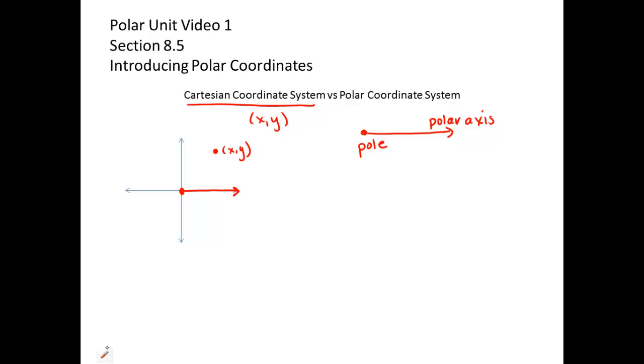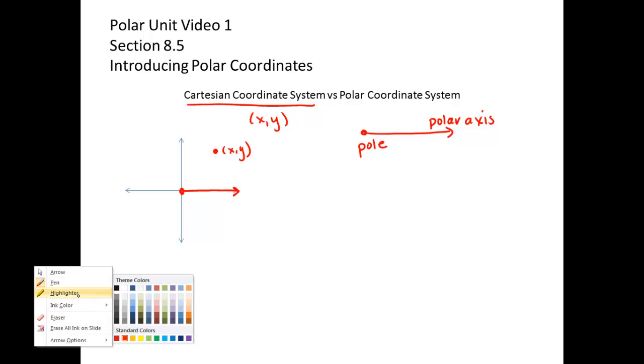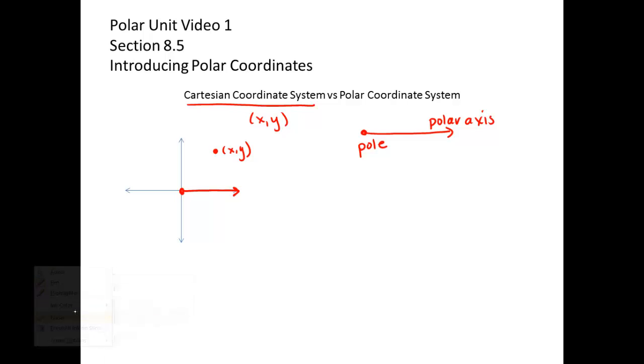So to graph this, we knew we had to move to the right and then up, and that's how we got to where we were going. We went a certain distance to the right, and then we went a certain distance in the positive y direction, so that gave us our two directions.